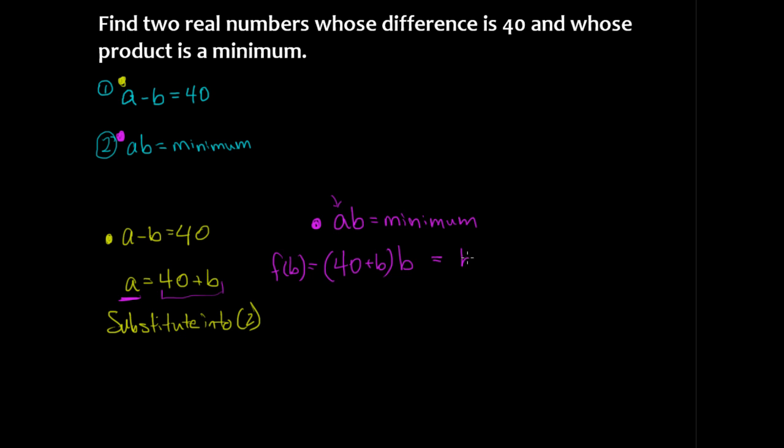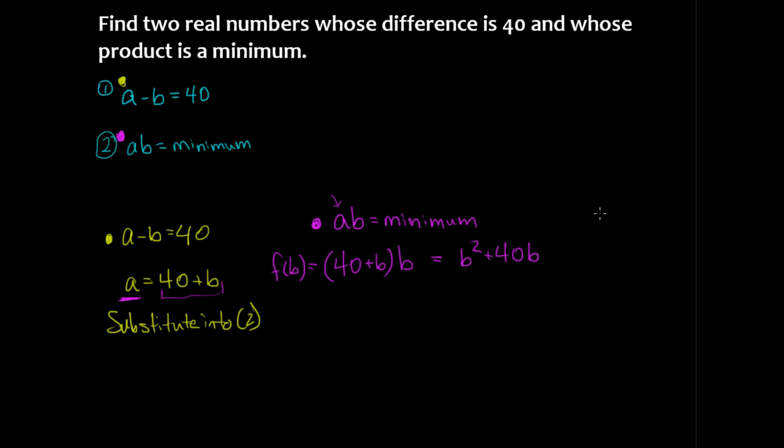Simplifying this, we have b squared plus 40b. So this is a function of b, and this describes all the possible products of these two real numbers who satisfy this first condition.